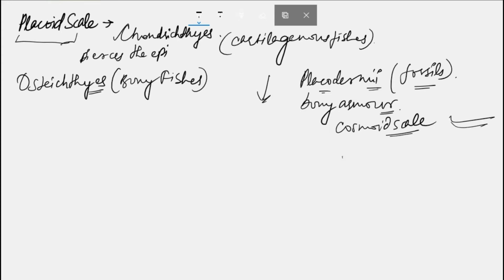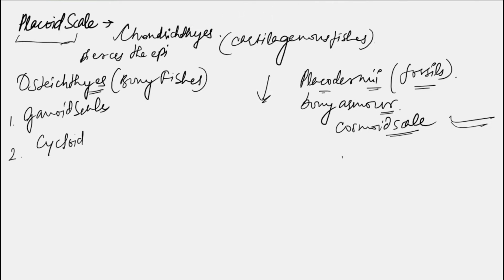And in the Osteichthyes, they are going to have scales like ganoid scale, cycloid scale, and the third one, ctenoid scale. Let's just assume they are going to have four layers.